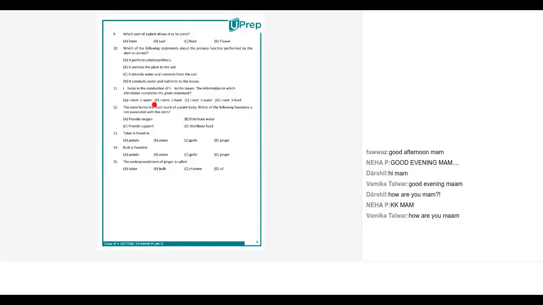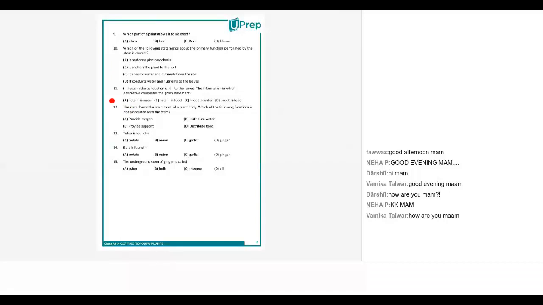It helps in the conduction, no, one second. Yeah, correct. Stem, one second, I'm not able to understand the question the way they have written. It helps in the conduction to the leaves. I have not understood the question myself.